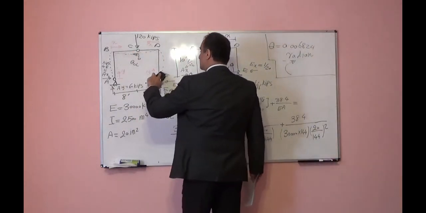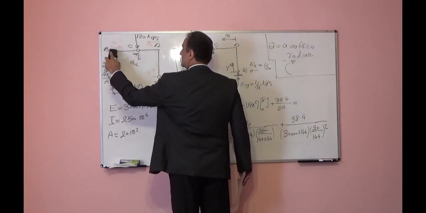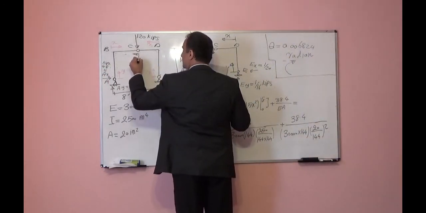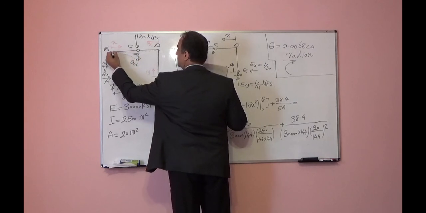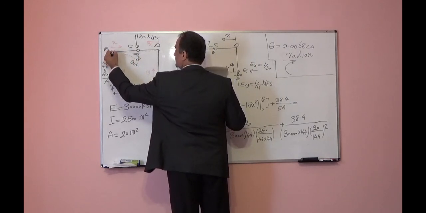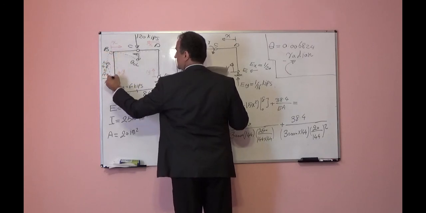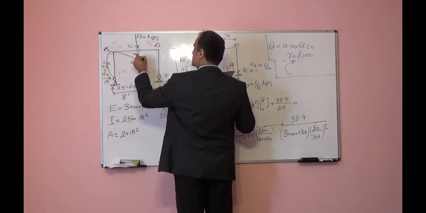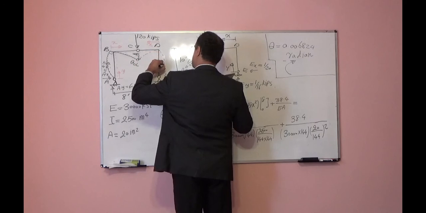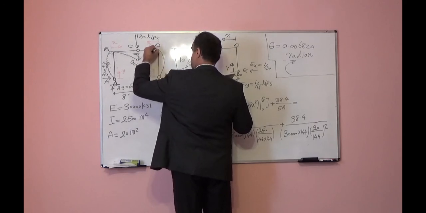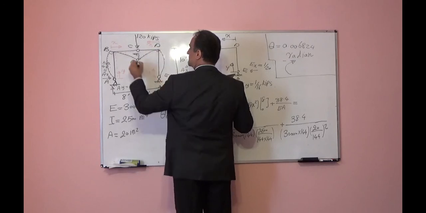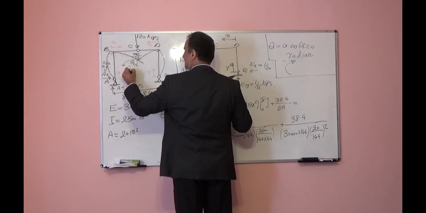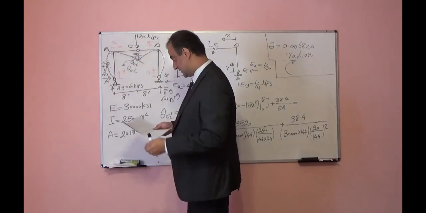If I draw deformation, this roughly will deform like this. Point C will come here, this will bend, this will be almost 90 degrees. Other side exactly the same thing. So slope here will be this theta CL, and you see it is clockwise.